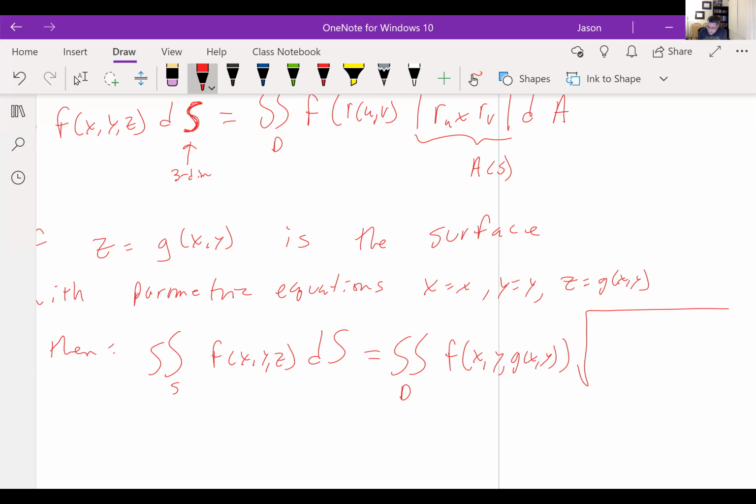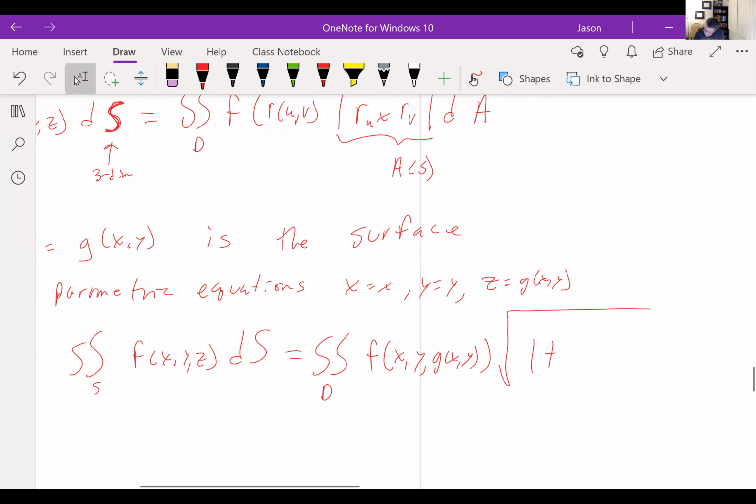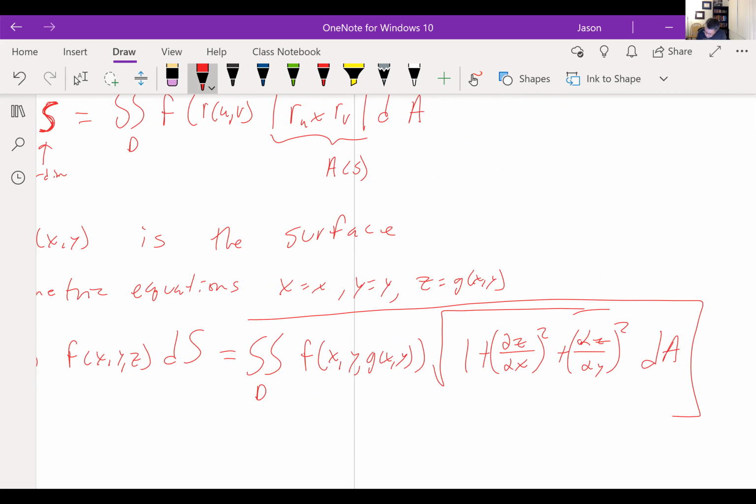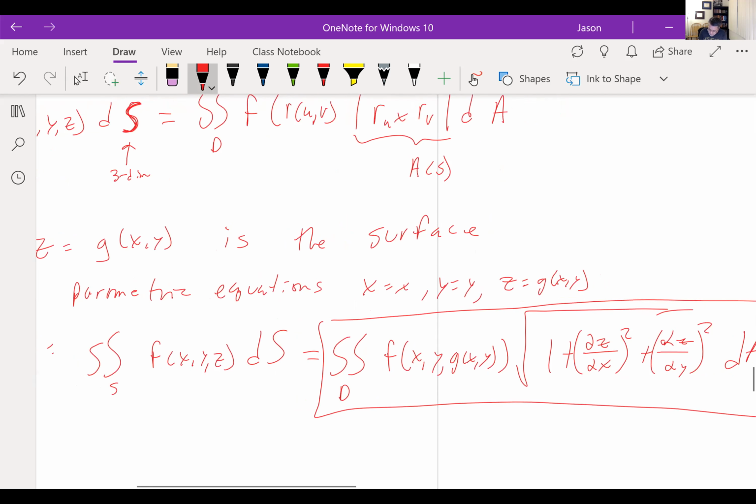And we said that dS, when it was that, was equal to the square root of 1 plus the partial of z with respect to x squared plus the partial of z with respect to y squared, dA. Z is just g. So if we have something that's solved for z, then this thing is my surface integral. That's my surface integral there.